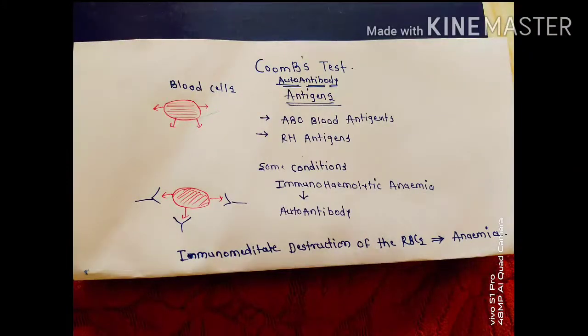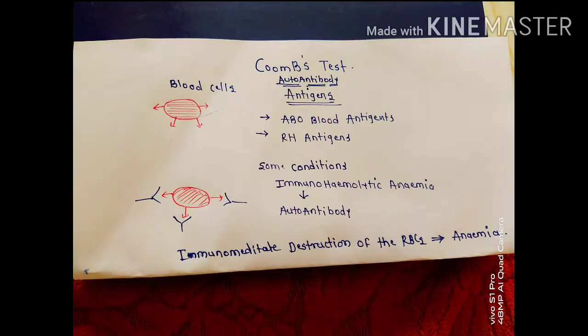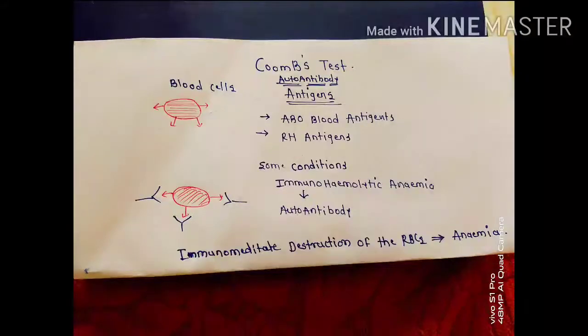In some conditions like immunohemolytic anemia, the body can produce autoantibodies. These autoantibodies attach to these antigens and cause immune-mediated destruction of the RBCs, which can cause anemia. So the cause behind this is these autoantibodies, which can be produced in conditions like immunohemolytic anemia.